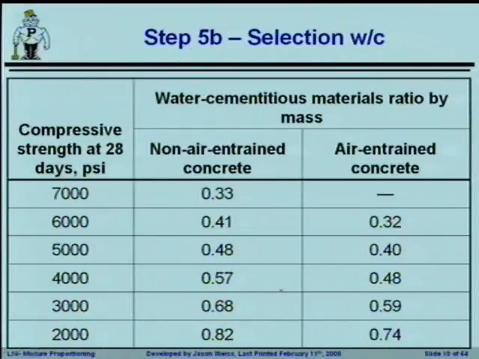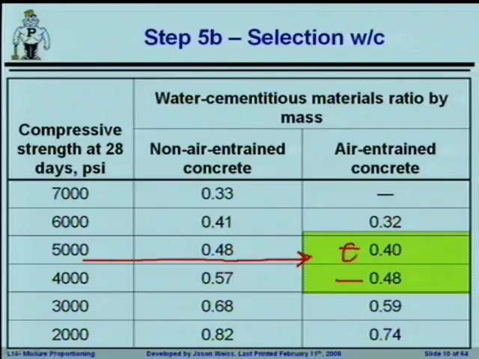Now we can select the water to cement ratio using a table like this one. You will notice that 4,700 is 7/10 of the way between 4,000 and 5,000. So we're going to be somewhere between a 0.4 and a 0.48 water to cement ratio. Because 4,700 is closer to 5,000 than it is to 4,000, we're going to be closer to 0.4 than we are to 0.48.